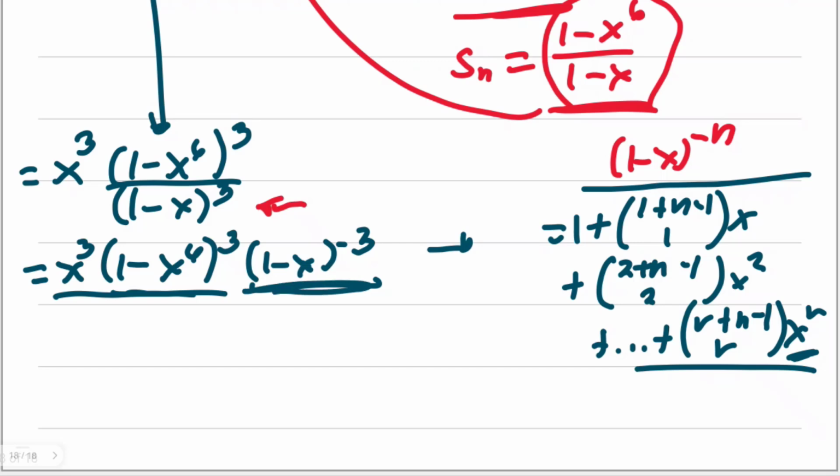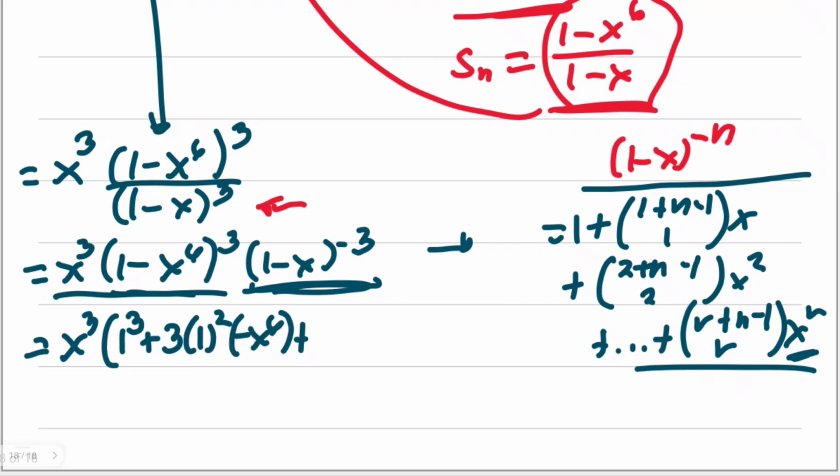So what happens here then is that we have here x cubed, and then the cube of this binomial expression. Using special products, we have 1 cubed, then you have here plus 3 times the square of the first term and the second term, plus 3 times the first term and the square of the second term, and you have here plus the cube of your second term.